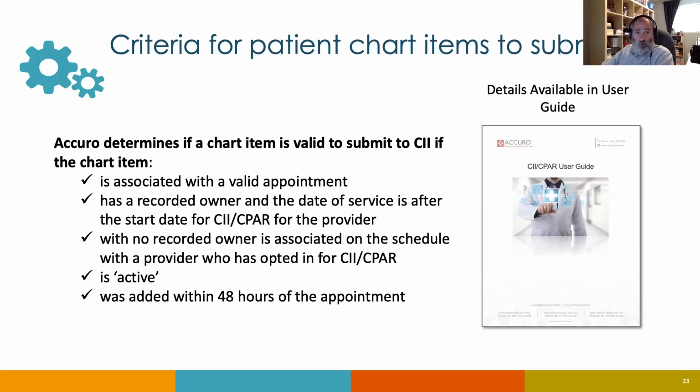There needs to be a recorded owner, and there has to be a date of service that's after the start date that the provider started using CII CPAR. Nothing that happens before the start date is shared to Netcare. If there's information that has no recorded owner, as long as it's associated on the schedule with a provider who has opted to participate, that information can go.